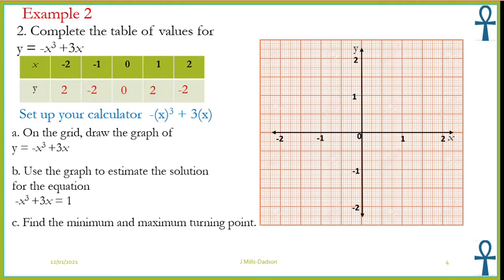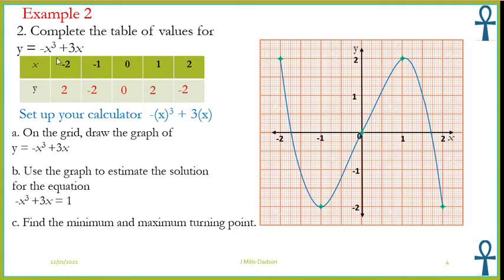Let's plot. Join with a smooth curve. So that is our graph. We are supposed to use the graph to estimate the solution for the equation -x cubed plus 3x equals 1. Let's check. -x cubed is the same as -x cubed here, and 3x is the same as 3x here.